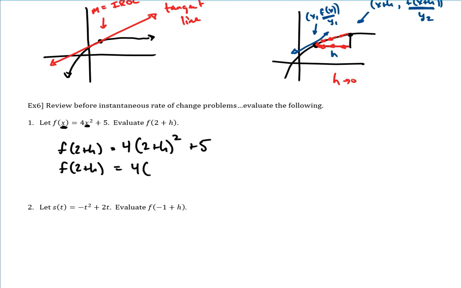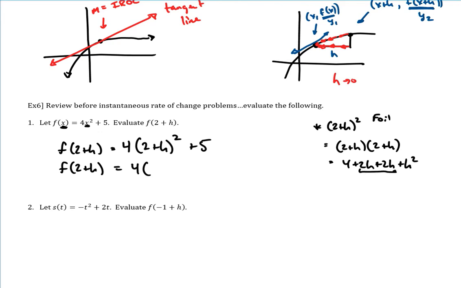Now, for 2 plus h, I'm going to do some scratch work over to the side. So 2 plus h getting squared does need to get FOILed. Remember, if it's ever got a plus or a minus inside parentheses being squared, we should rewrite it where it's multiplying by itself. And that way we can FOIL: 2 times 2 is 4, 2 times h is 2h, h times 2 is also 2h, h times h is h squared.